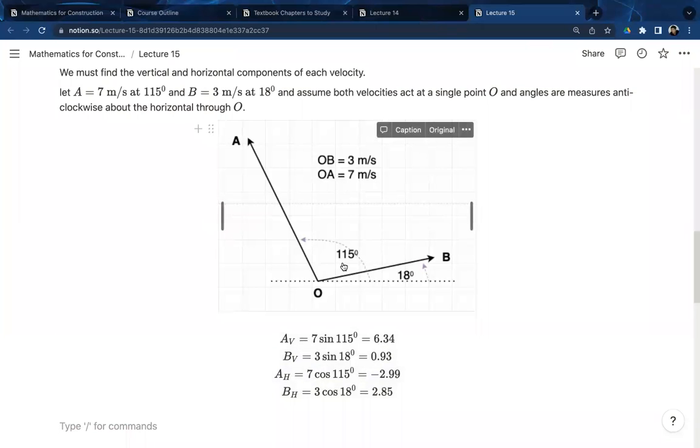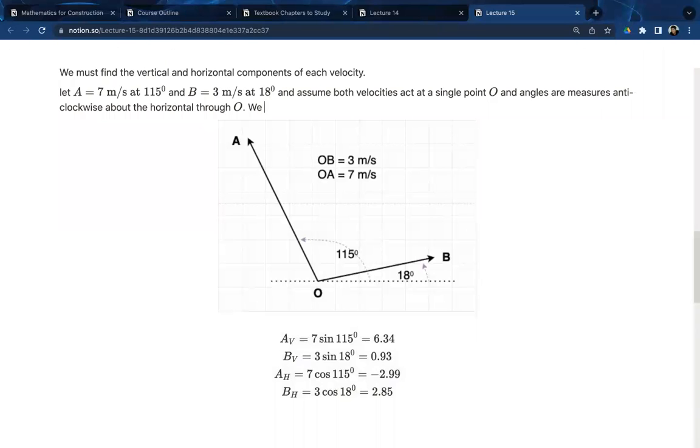Because you see this A here, this A velocity is greater than 90 degrees. So it actually overshoots the vertical 90-degree angle and is pointing more to the left. So the component of this A vector here has a horizontal component pointing left. That's why it's saying negative here, because we take right as positive and up as positive, right?